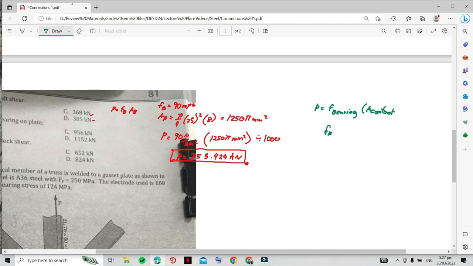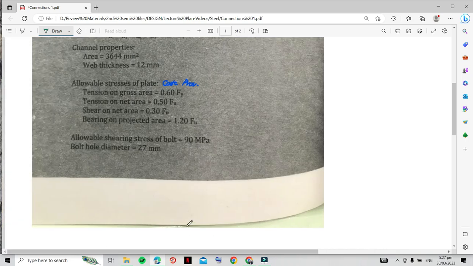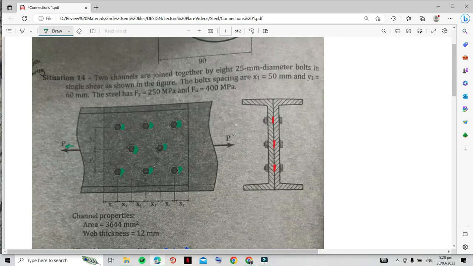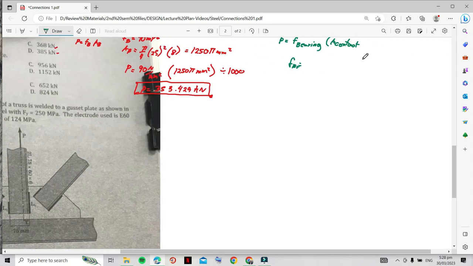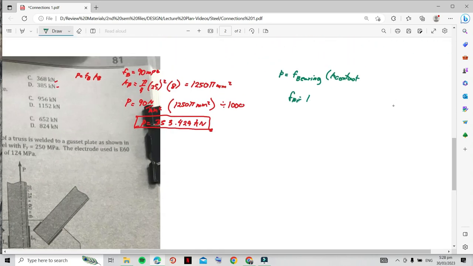The bearing stress FBR is given here as 1.2 Fu, while the Fu of the member is 400 MPa. So FBR is equal to 1.2 times 400, not 200.